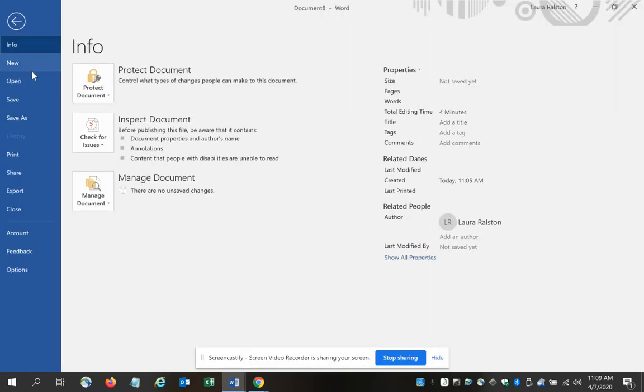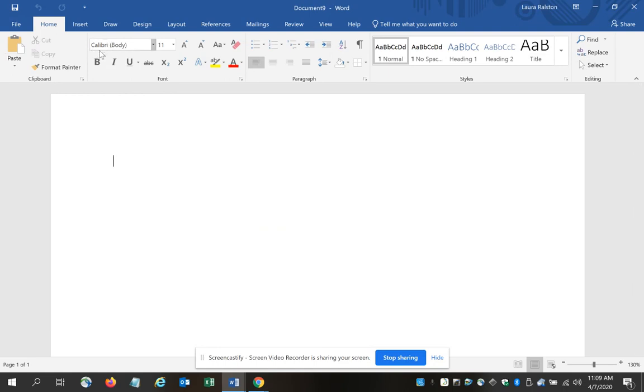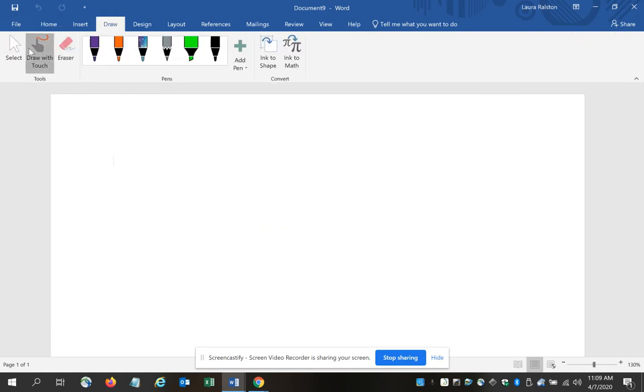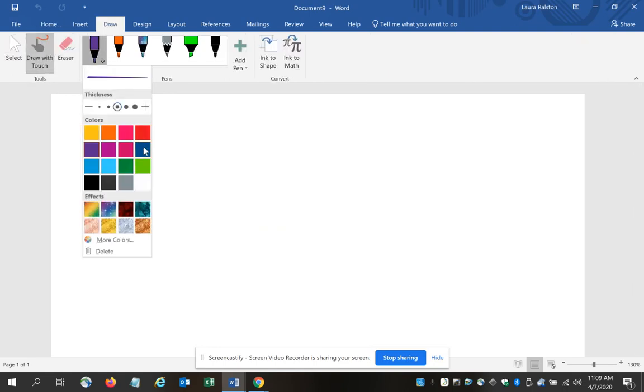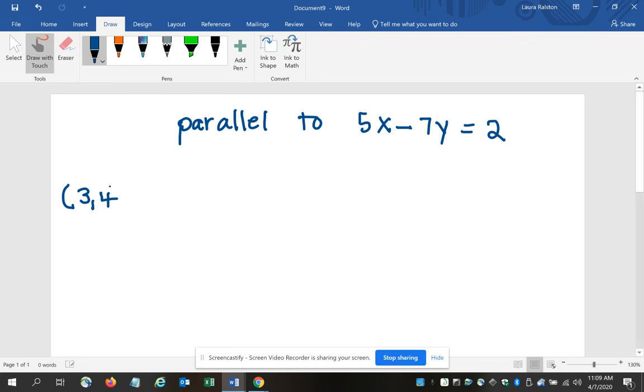Okay, so let's think about this. A couple of things. I want to be parallel to the line 5x minus 7y equals 2, and I want to pass through the point 3, 4.